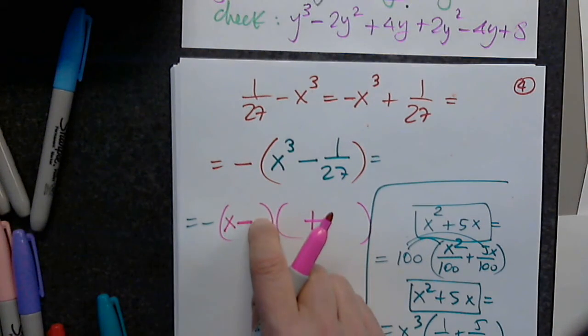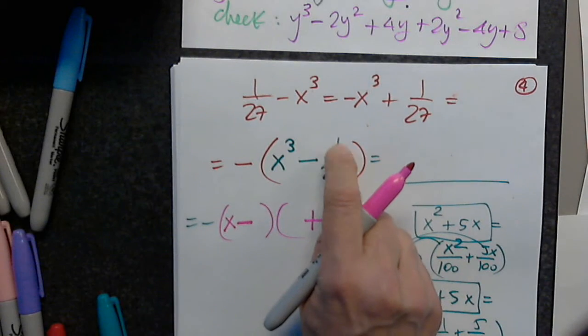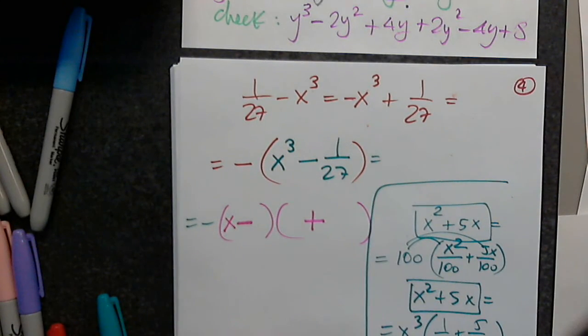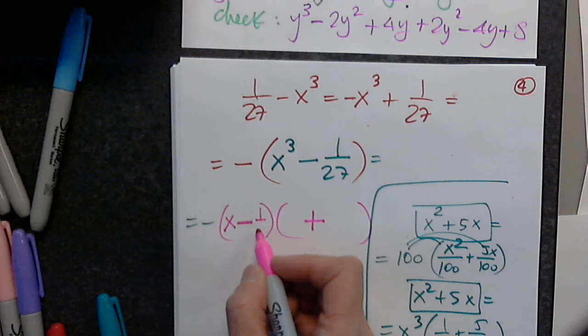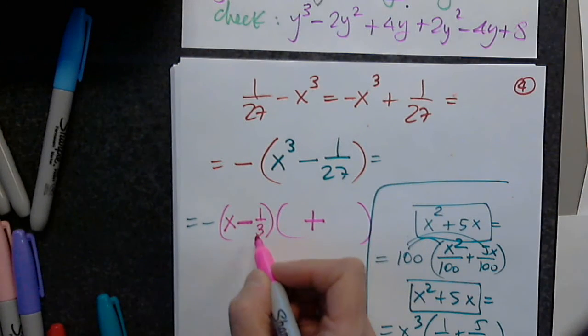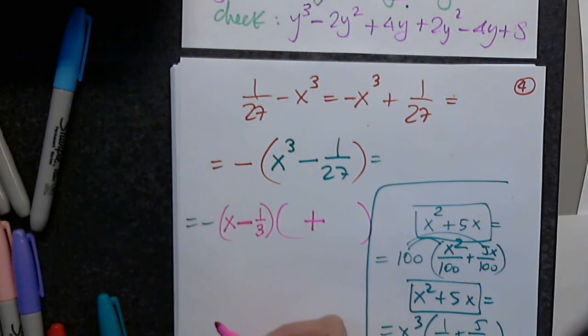Now, what quantity do I cube to get this one? 1 over 3 times 1 over 3 times 1 over 3 is 1 over 27. 3 cubed is 27. Good.